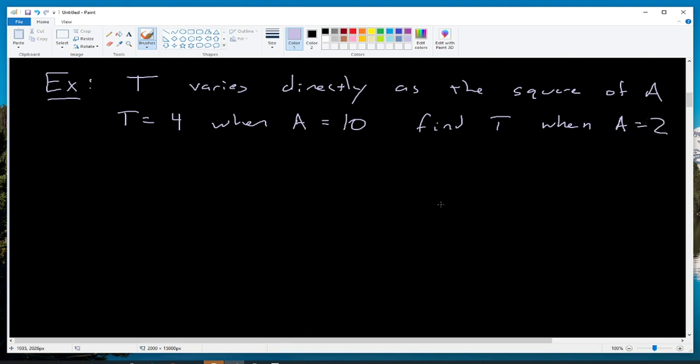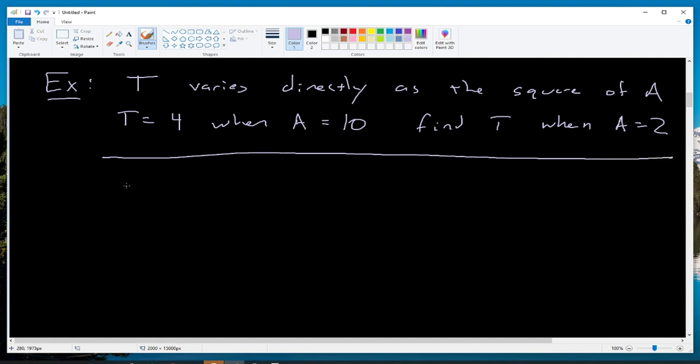So the pattern that everything else in this lesson is going to fall into is: get the equation, plug in the values they give you to figure k out, then put the k value back into the equation along with any other information and figure out what they're asking. So t varies directly as the square of a. Direct variation is multiply into the k. So t equals k times the square of a.